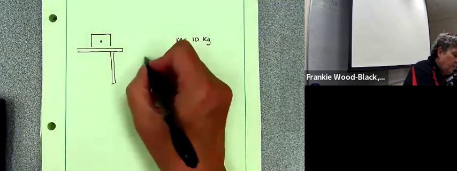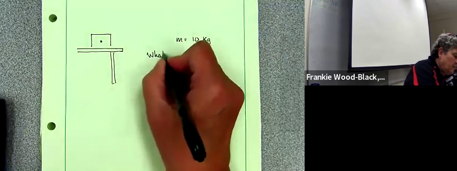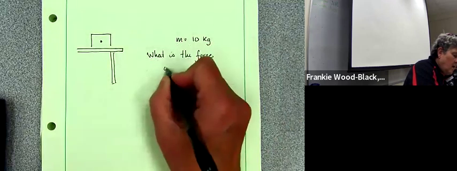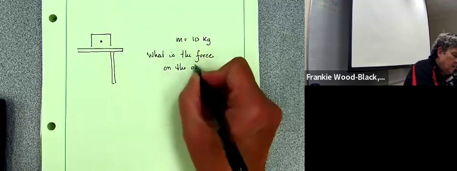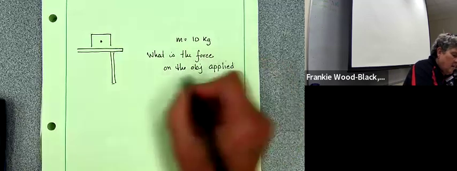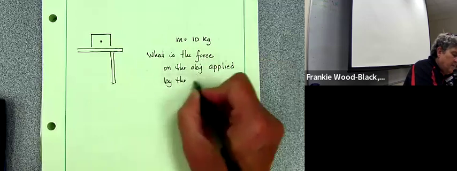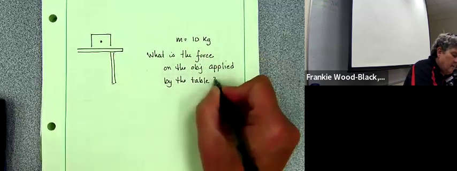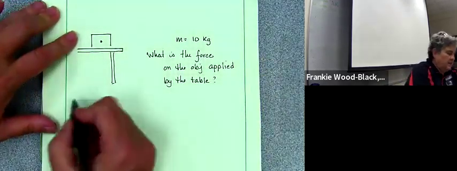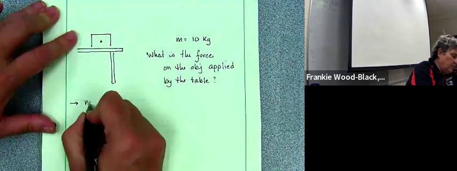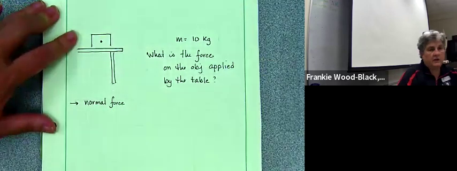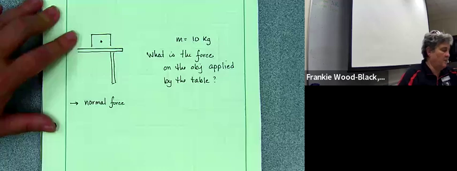We want to know what is the force on the object applied by the table. So this gets us into our idea of the normal force, which we introduced on Wednesday.